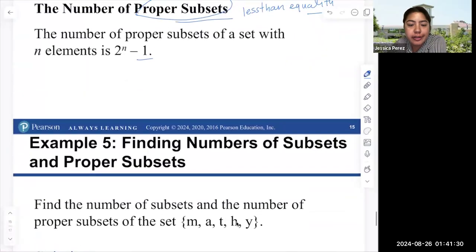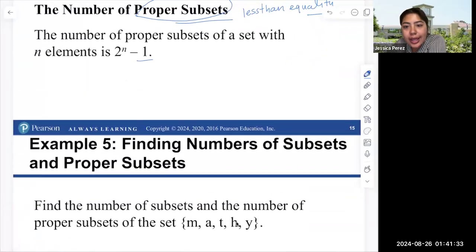Let's look at this one. Find the number of subsets and the number of proper subsets. So M-A-T-H-Y, mathy, 1, 2, 3, 4, 5. We want to find the number of subsets. It's going to be 2 to the 5th, which is 32 subsets.